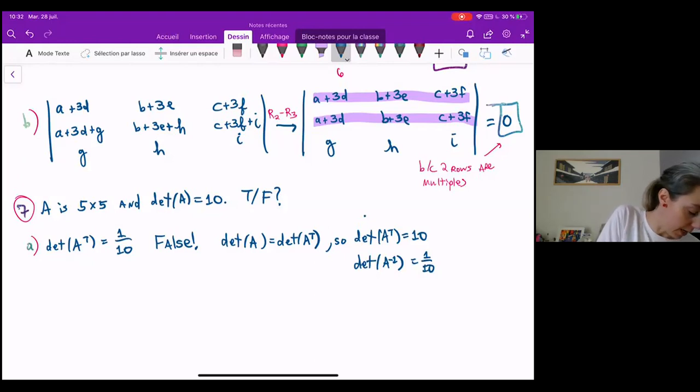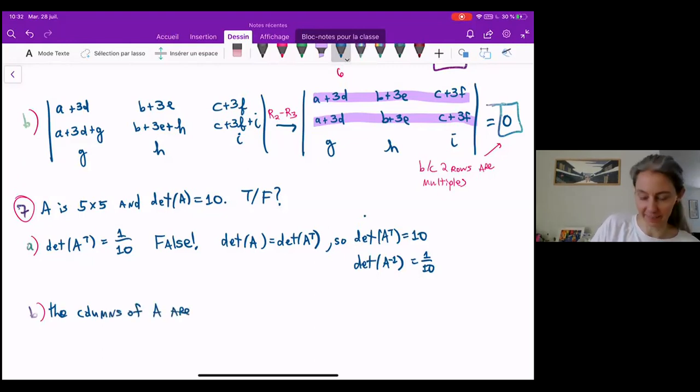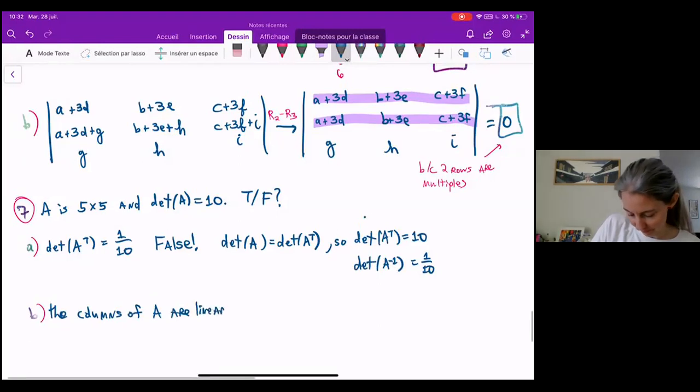Now for B. The columns of A, oh, it was Adam I, sorry. The columns of A are linearly independent. True or false?